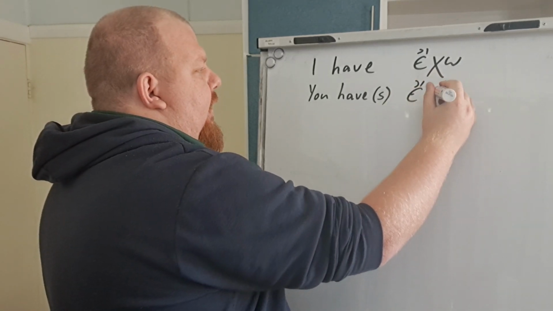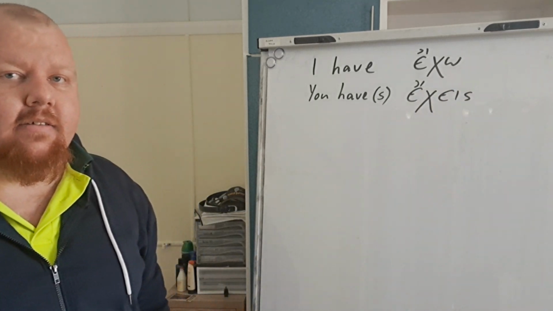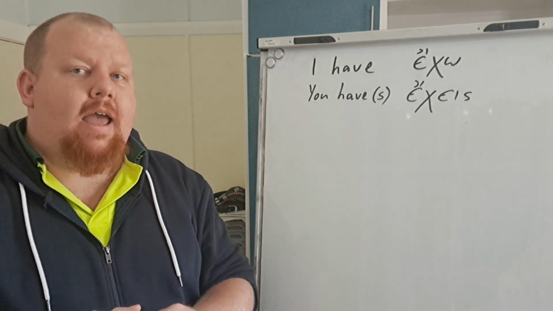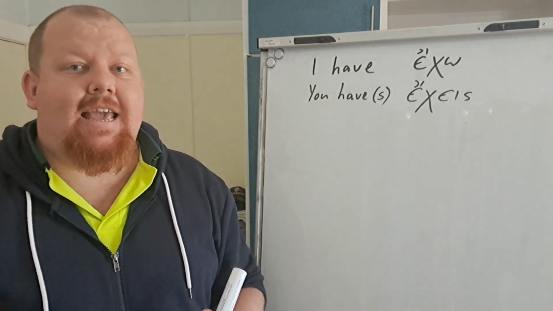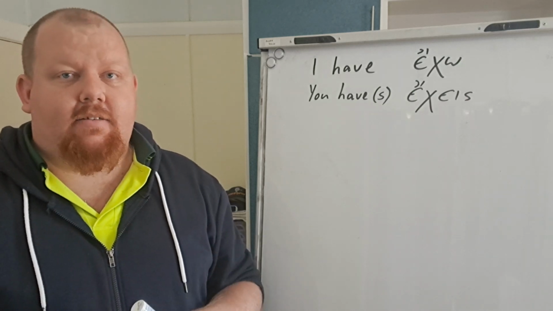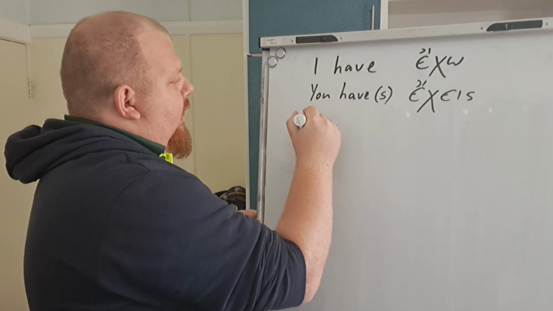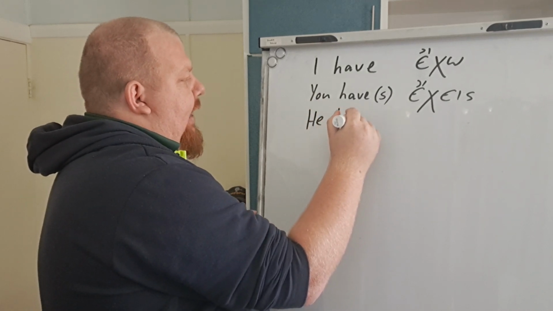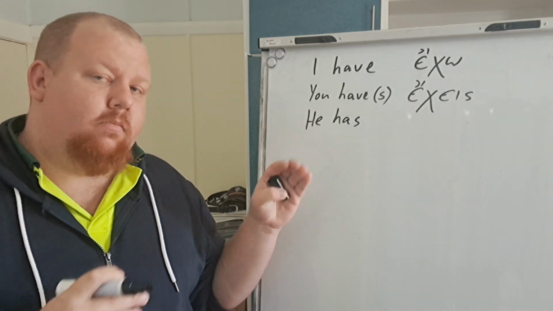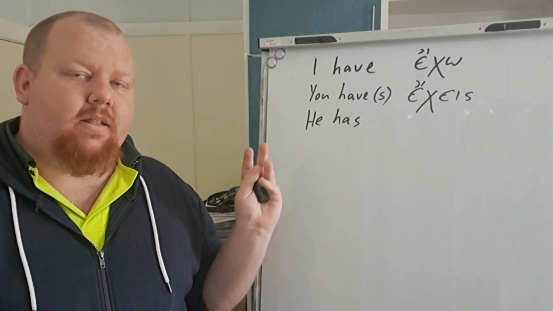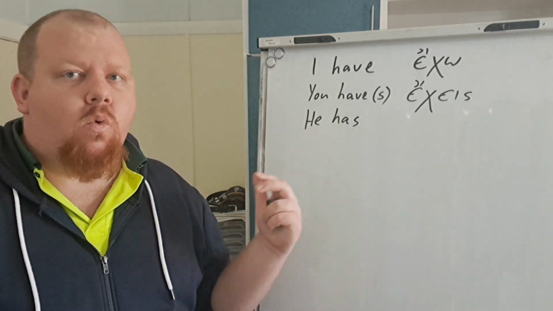So this one is echis. Echis. So remember the epsilon iota produces the long E sound. So you have echis. Now he has. Now I'm writing he has simply, but this could be he has, she has, it has, or one has.